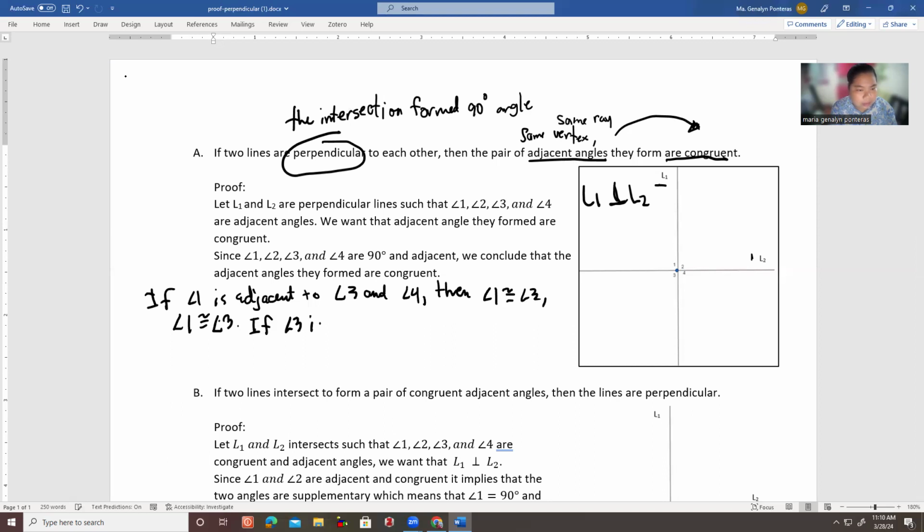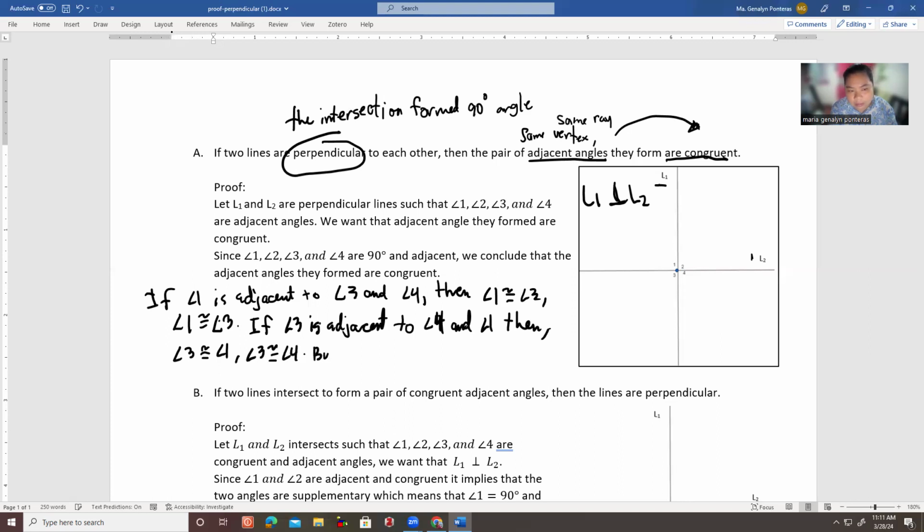If angle 3 is adjacent to angle 4 and angle 1, then angle 3 is congruent to angle 1, and angle 3 is congruent to angle 4.